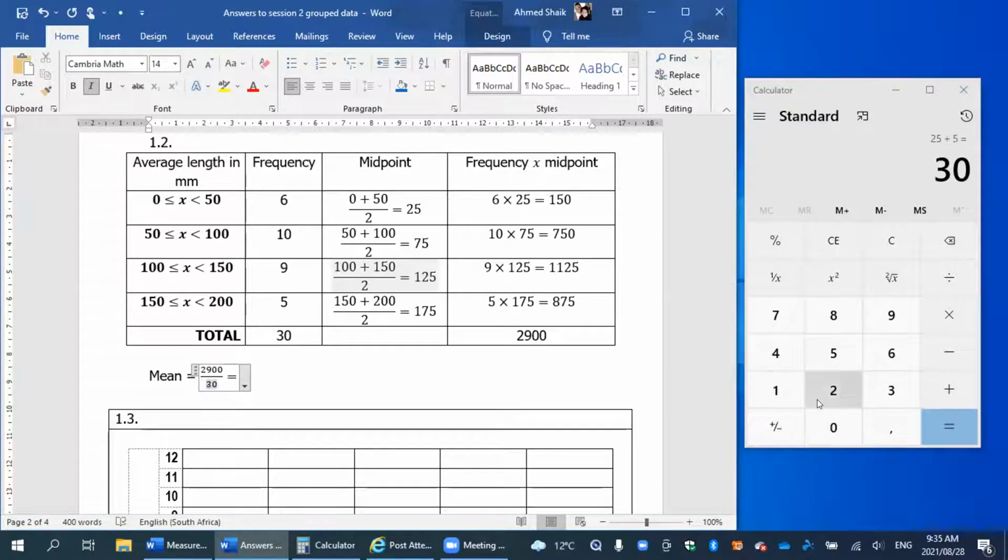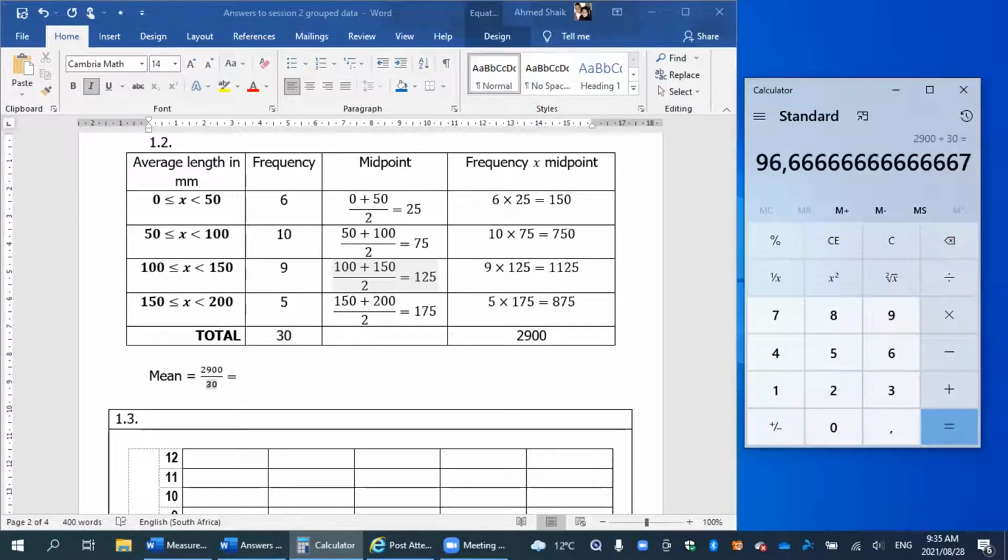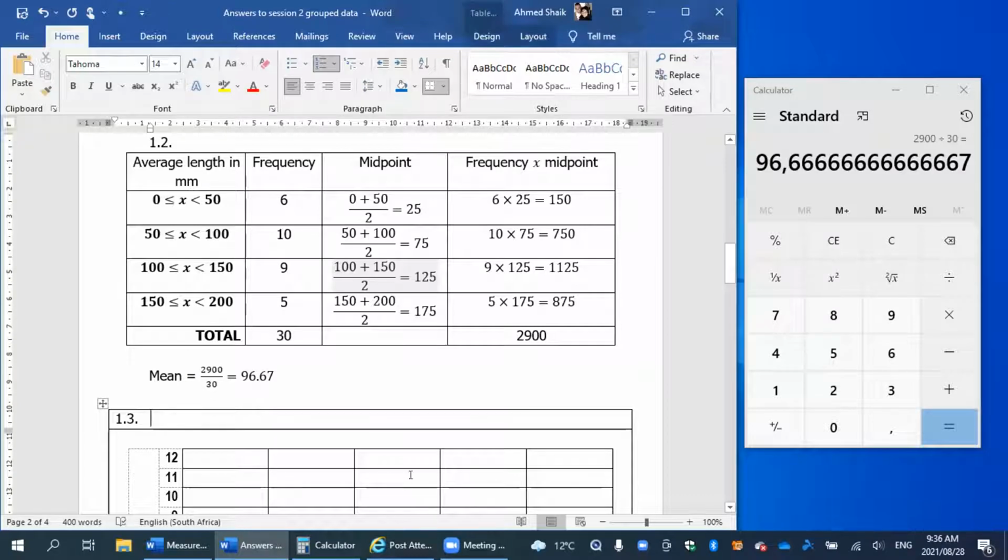Let's calculate that. 2,900 divided by 30 gives us 96.67, if we're rounding to 2 decimal places. And that should be your answer.